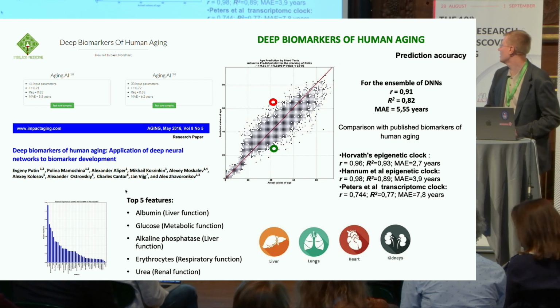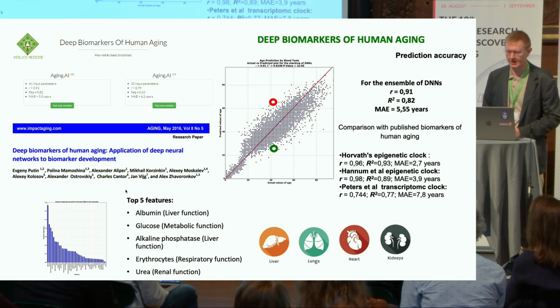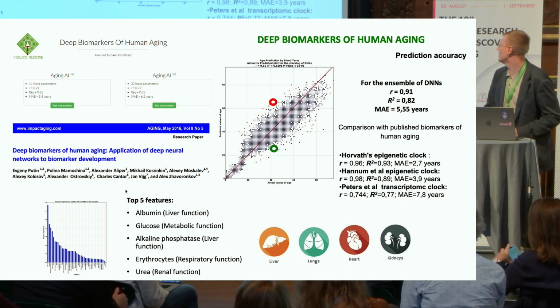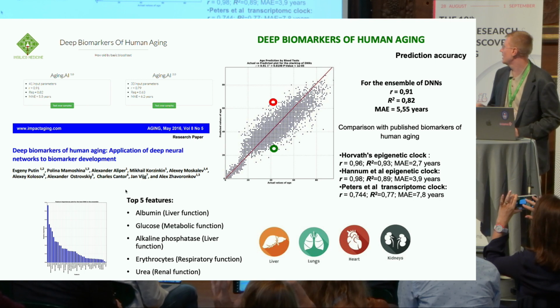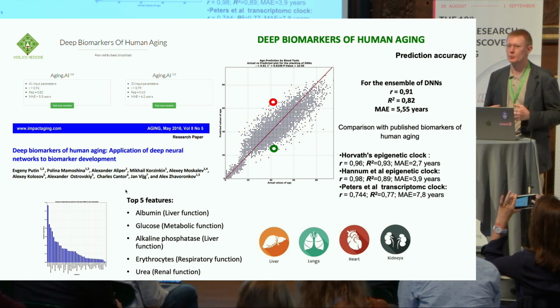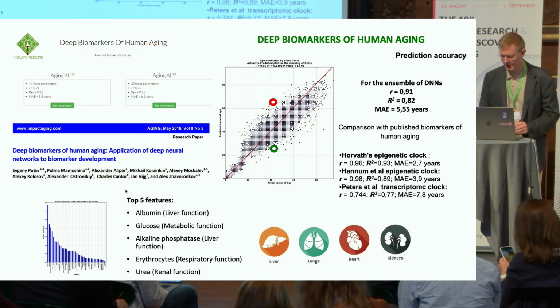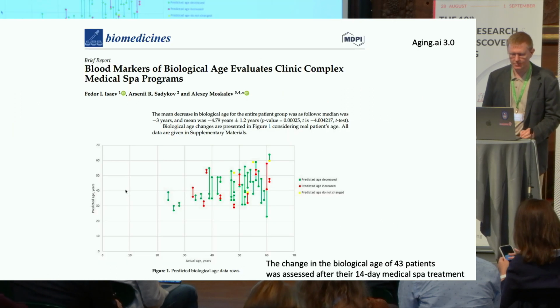This clock is quite accurate and simple to use. You could go to aging.ai and put in your parameters and calculate your blood age.